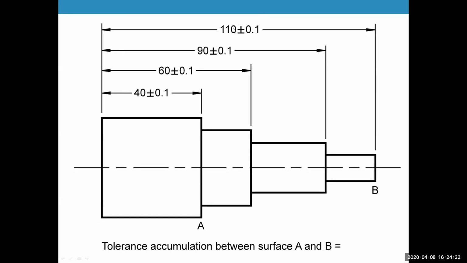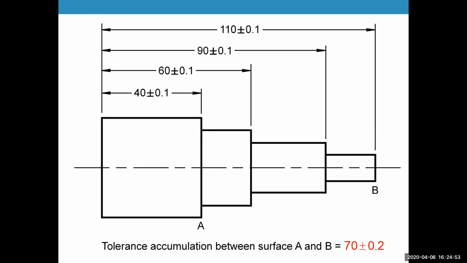If we take 110 minus the 40, because 110 goes from here to here, and then subtract the 40, we'll get 70. What's the tolerance accumulation between A and B? 0.2. Yeah, plus or minus 0.2. So it's 70 plus or minus 0.2.